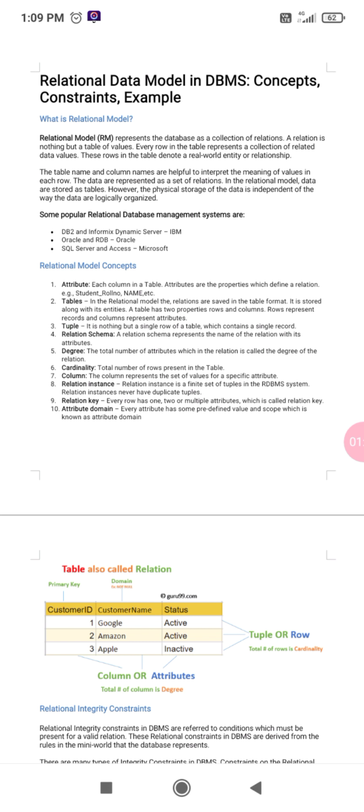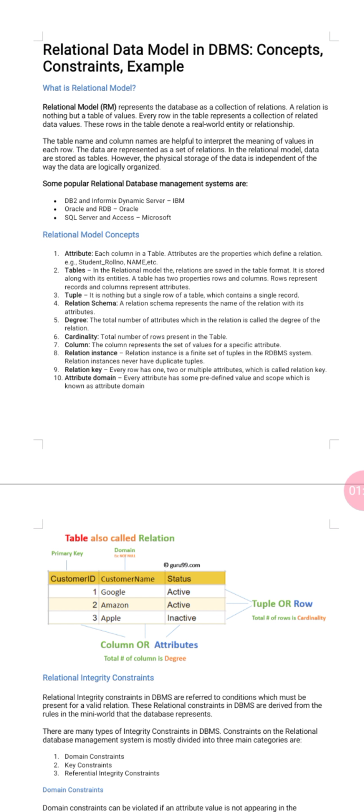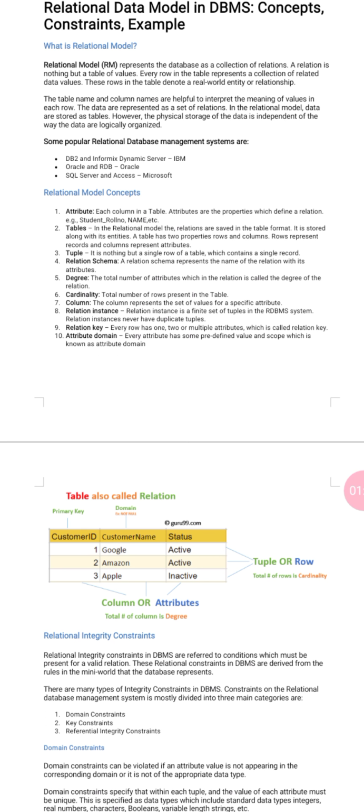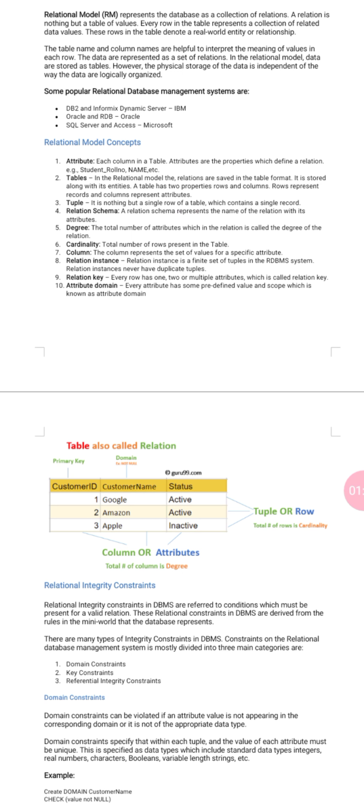A relation is nothing but a table of values. Every row in a table represents a collection of related data values. These rows of the table denote a real world entity or relationship. The table name and column names help to interpret the meaning of the values in each row. The data are represented as a set of relations.